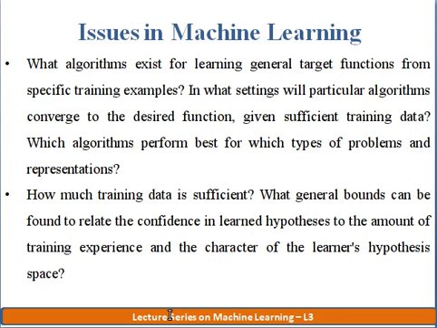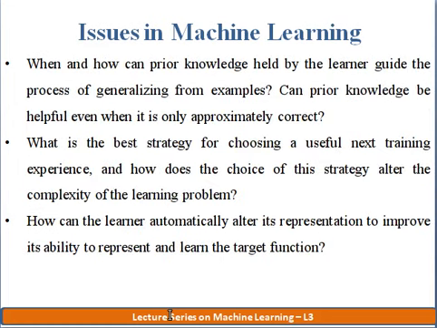Then what general bounds can be found to relate the confidence in a learned hypothesis to the amount of training experience and the character of the learner's hypothesis space? When and how can prior knowledge held by the learner guide the process of generalizing from examples?